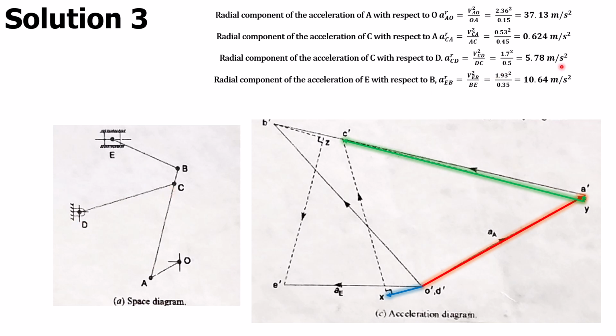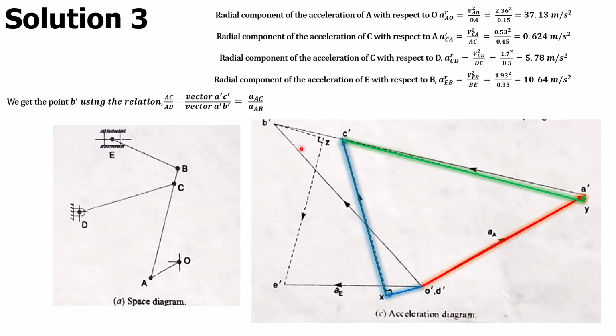Magnitude is 5.78. Then from the point X, we are going to construct the tangential acceleration of C with respect to D, whose direction we know is perpendicular to the link CD, but whose magnitude we do not have. And when we do that, we get the point C prime. So Y C prime meets X C prime at the point C prime, and that gives us a point C prime.